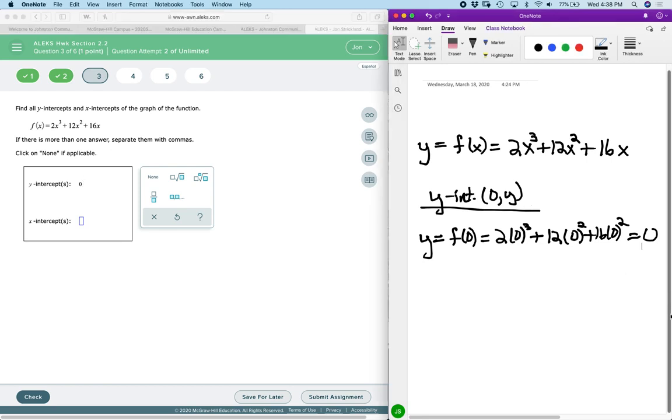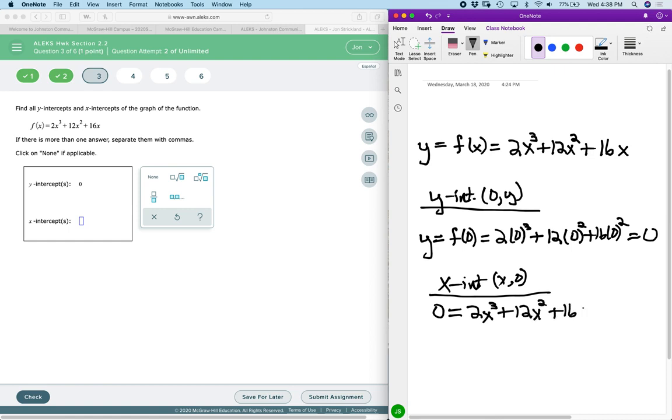Now, on the other hand, in looking at solving for the x-intercepts, this time we're looking at solving for x as y is set to 0. So we have that 0 is equal to 2x cubed plus 12x squared plus 16x.